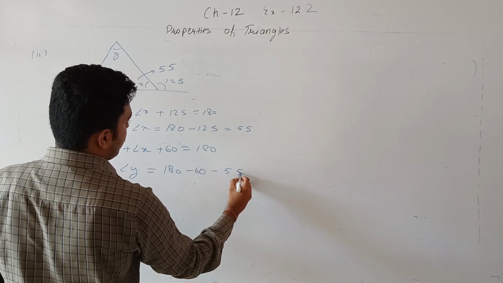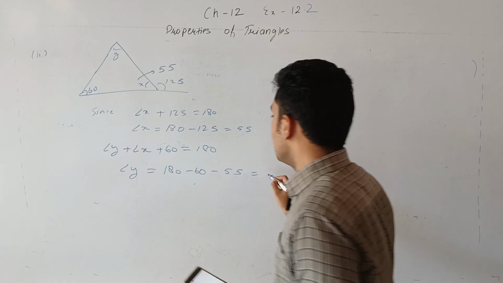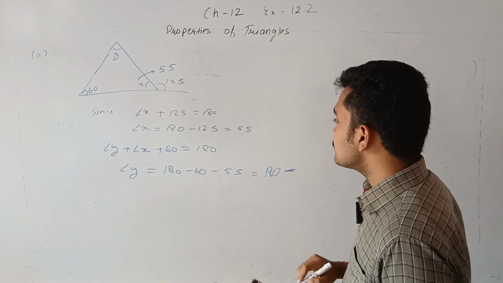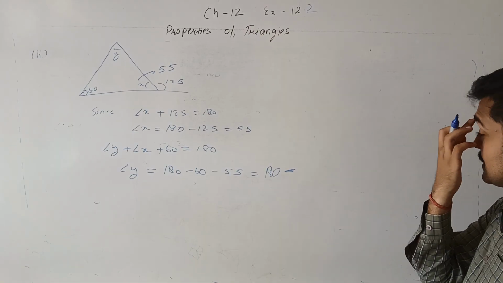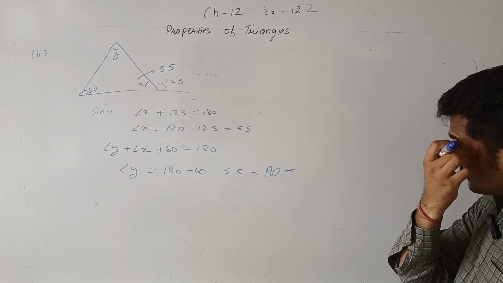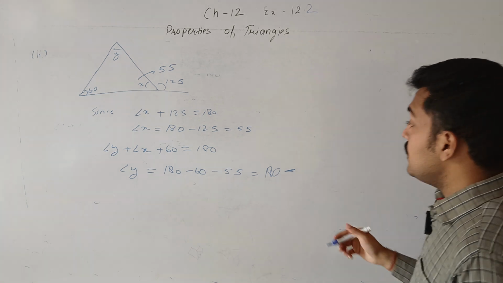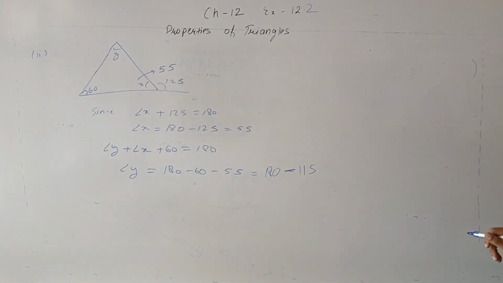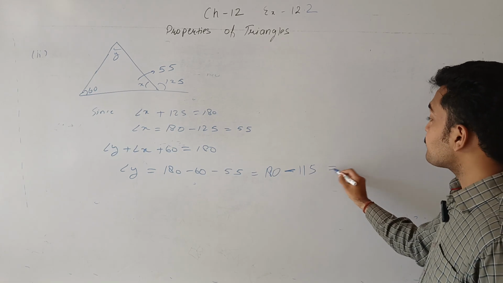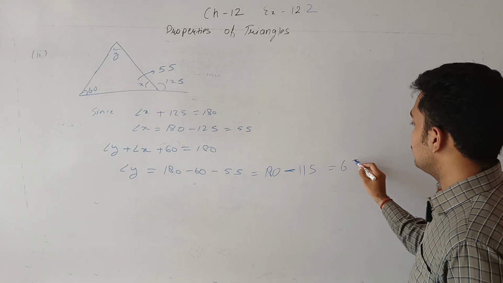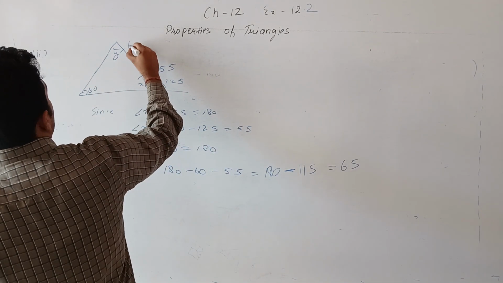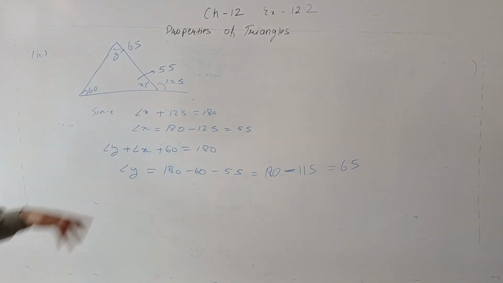So 60 plus 55 is 115, and 180 minus 115 is equal to 65. So angle y is equal to 65. Angle y is 65, angle x is 55 and the third angle is 60.